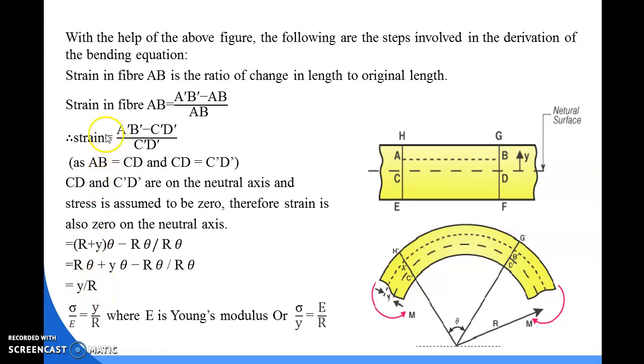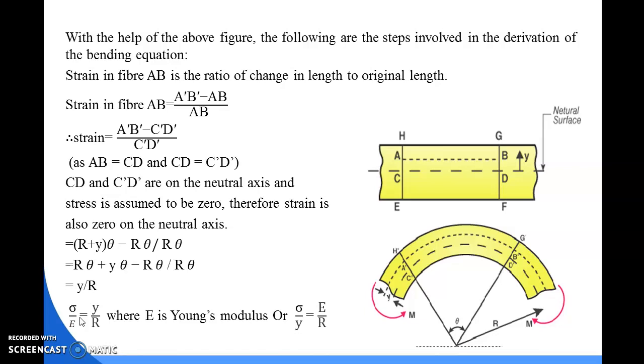And strain, we know that stress is force per unit area, so we can say sigma divided by capital E, that is Young's modulus, will be the value of strain. As per Hooke's law, we know that capital E, that is Young's modulus, is equal to stress by strain.